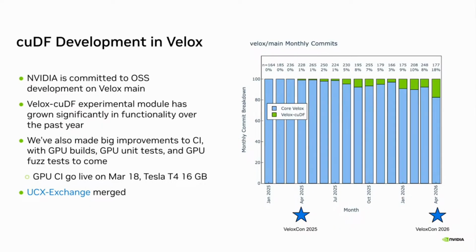Their help in setting up continuous integration in Velox cuDF helped any contributor develop and test their code before committing to Velox. Because of this, we have had a lot of contributions from the community. And IBM Research has already merged the UCX exchange, which allows shuffle between the GPUs using Nvidia NVLink.